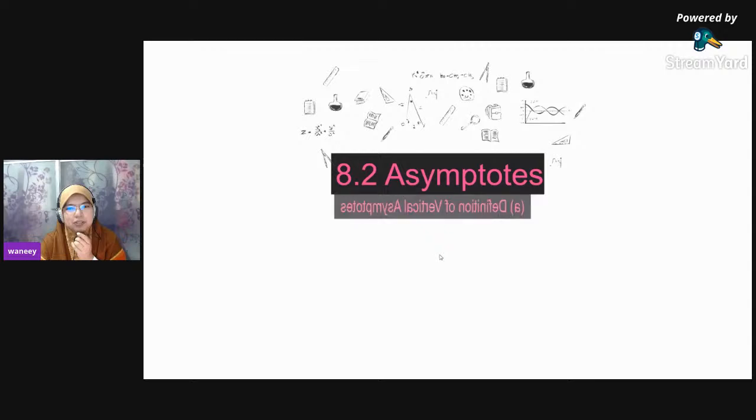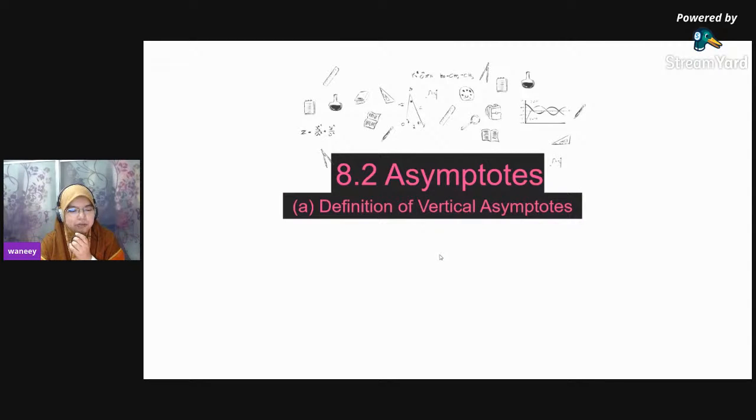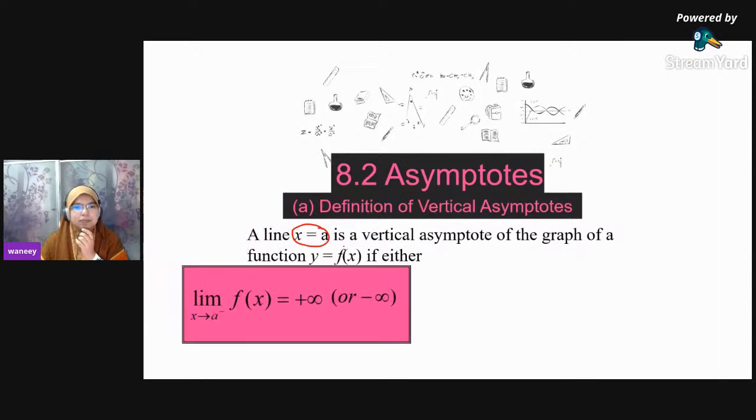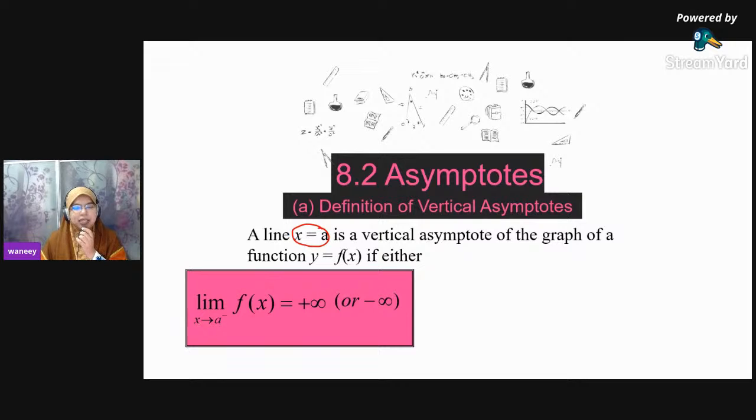Right, so asymptote, what is the definition of vertical asymptote? A line x equal to a is a vertical asymptote of the graph of a function y equal to f(x) if either the limit for x approaching a from the left-hand side of f(x) is equal to positive infinity, or you might get negative infinity, as long as that is an infinity.